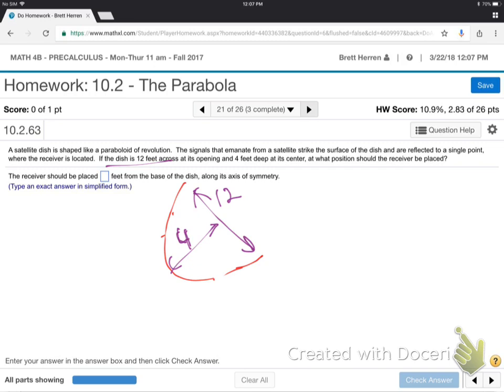Where do you put the receiver? All that curvature is going to aim at some focus point. How far out is it to where you should put the receiver? It's aiming everything at what exact location? For a 12-foot wide mouth and a 4-foot deep satellite dish made of parabola shape, how do you find it?